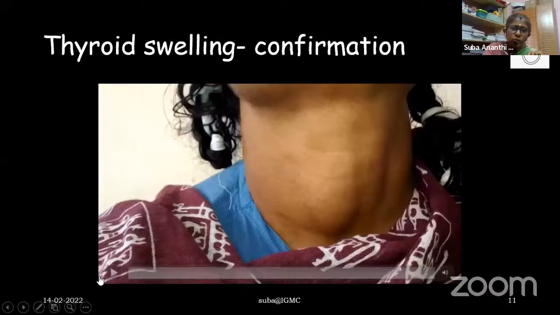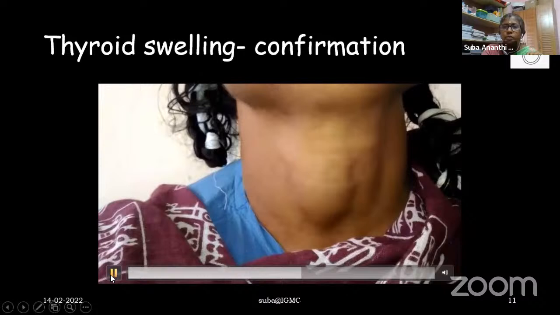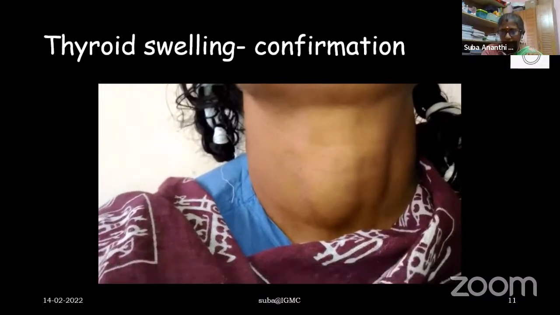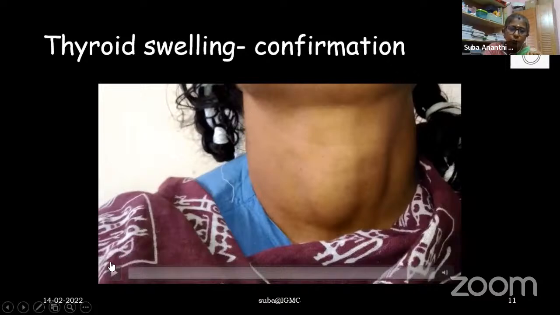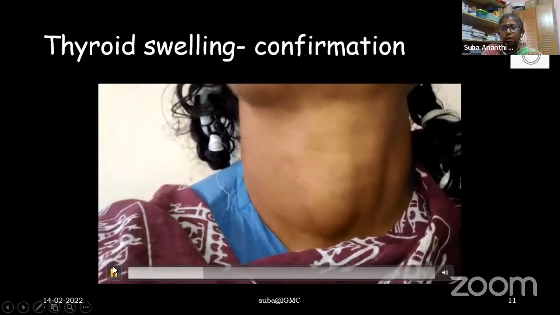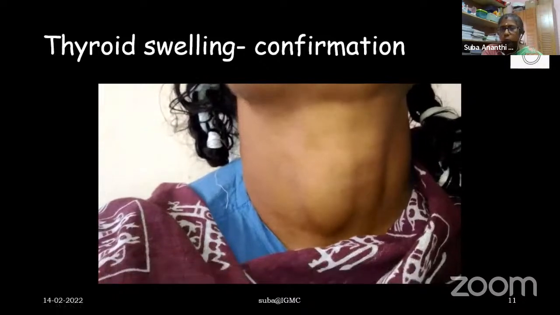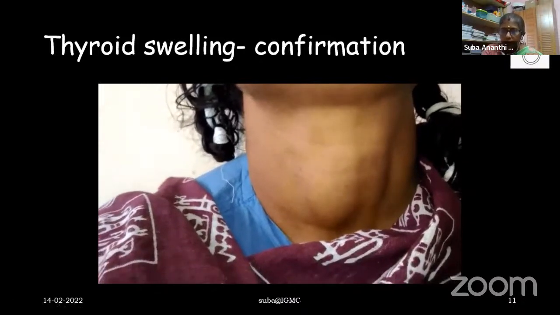So when you ask the patient to swallow, this thyroid swelling moves up during deglutition. That's how to confirm a thyroid swelling. You ask the patient to swallow, this swelling will move up and down during deglutition. So this confirms the swelling is from the thyroid gland.